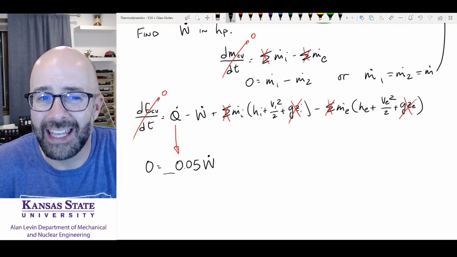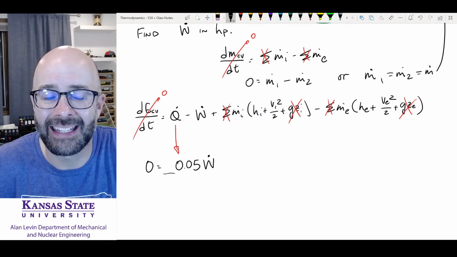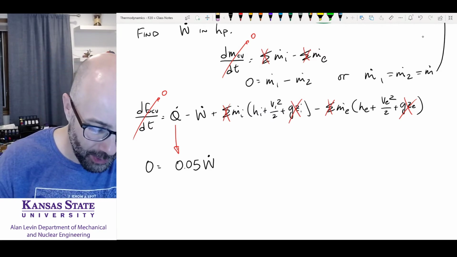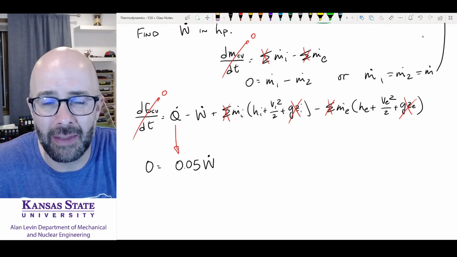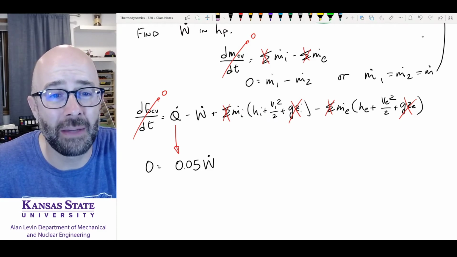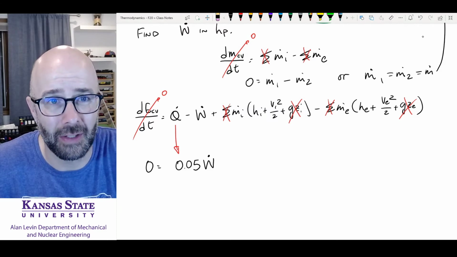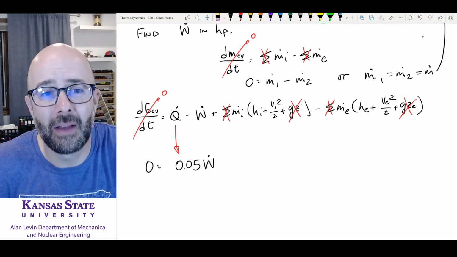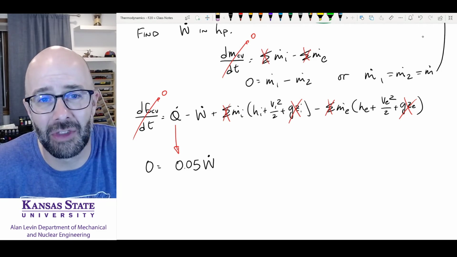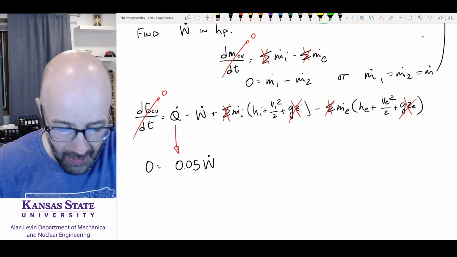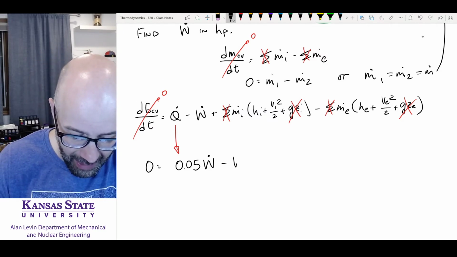Well, remember, work input in thermodynamics is a negative value. So what we actually should do is we have it correctly as it's sitting right there. That 0.05 of W dot is going to be a negative heat transfer, because work in to a system from the surroundings is negative thermodynamically. All right, now we're going to have minus our other W dot.